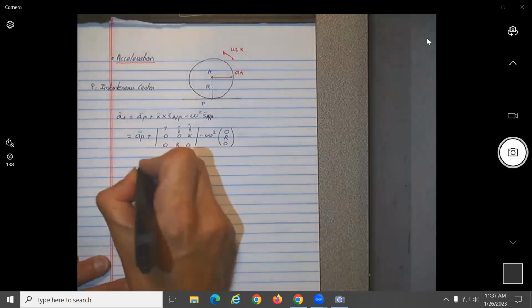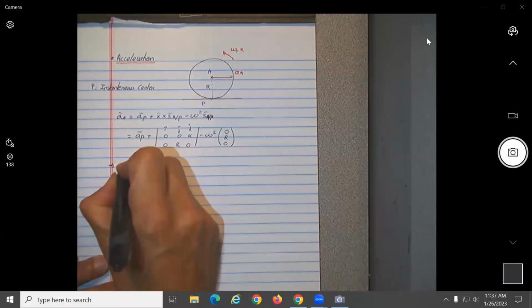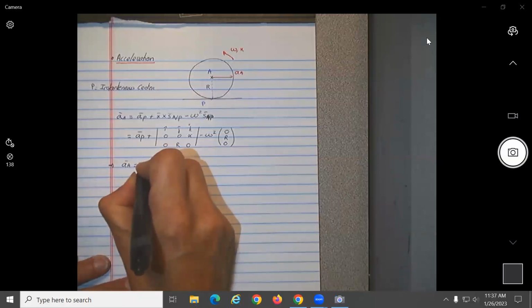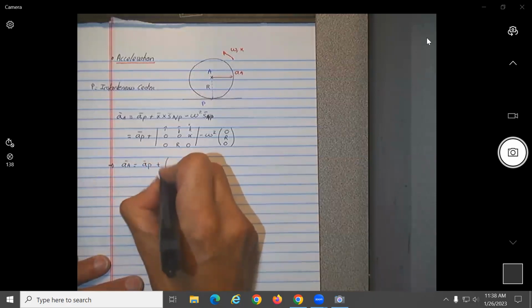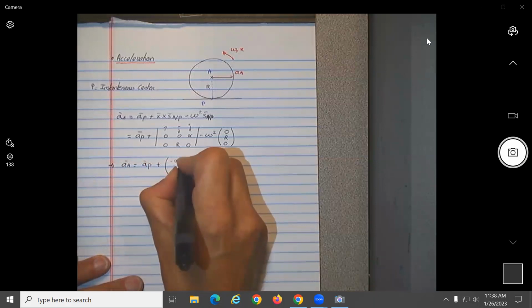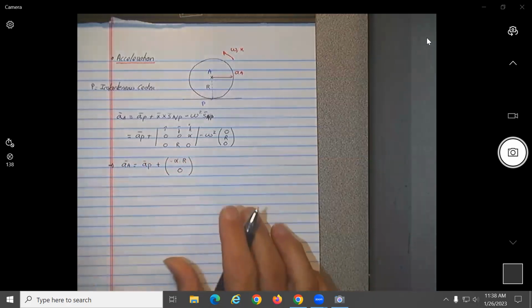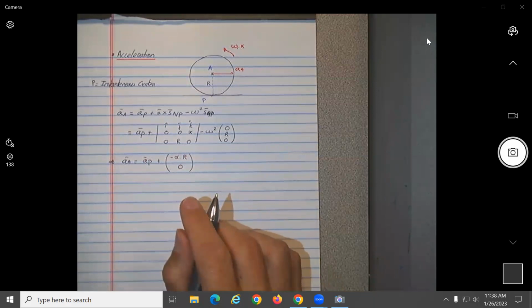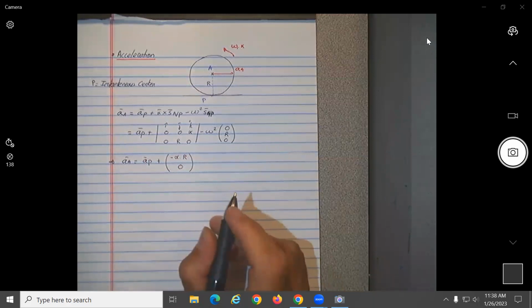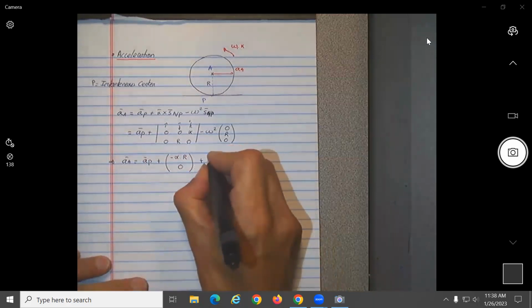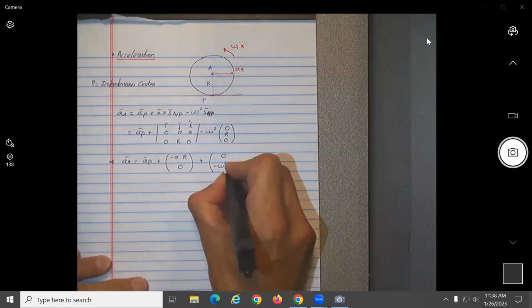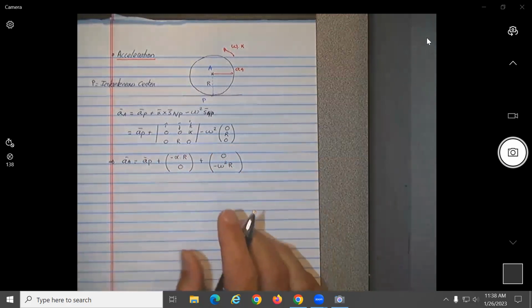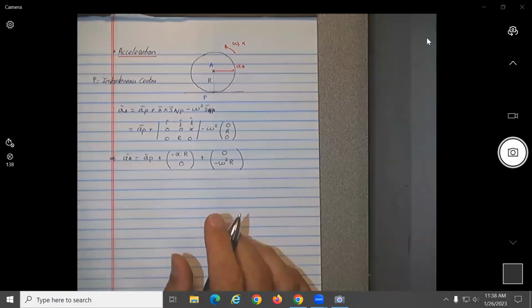So if we apply this, we get acceleration of A equal acceleration of P plus what? Negative alpha, correct, negative alpha R on the X. But now, what do we get for the second term, which is the normal acceleration? 0, negative omega squared R. 0, minus omega squared.